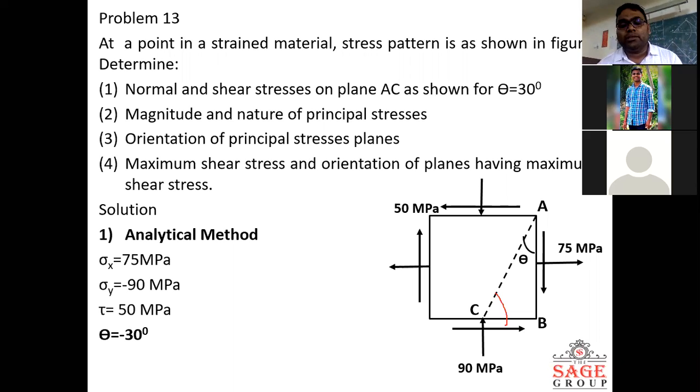And second, the same numerical we will solve with the help of the Mohr circle method. So we will see in the coming half an hour how to solve this problem by two methods, one analytical and another graphical, the Mohr circle method. Okay, let's move ahead.